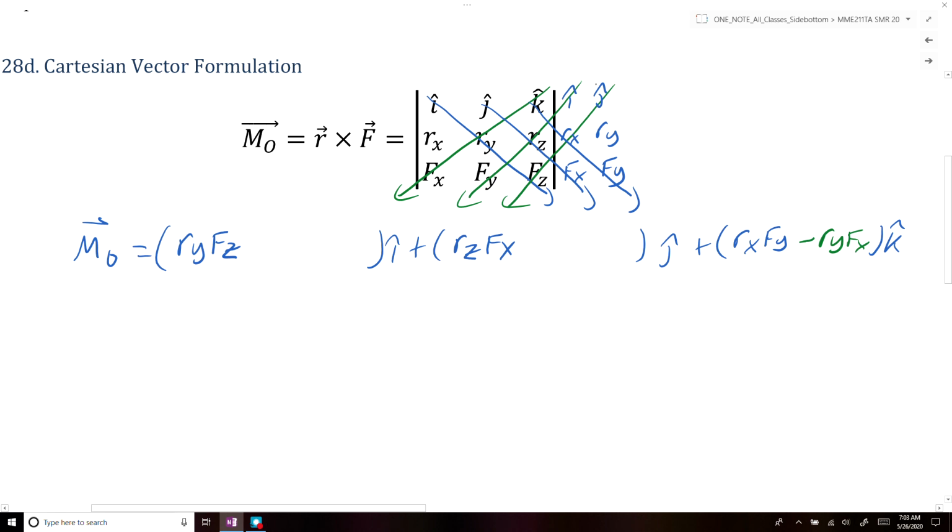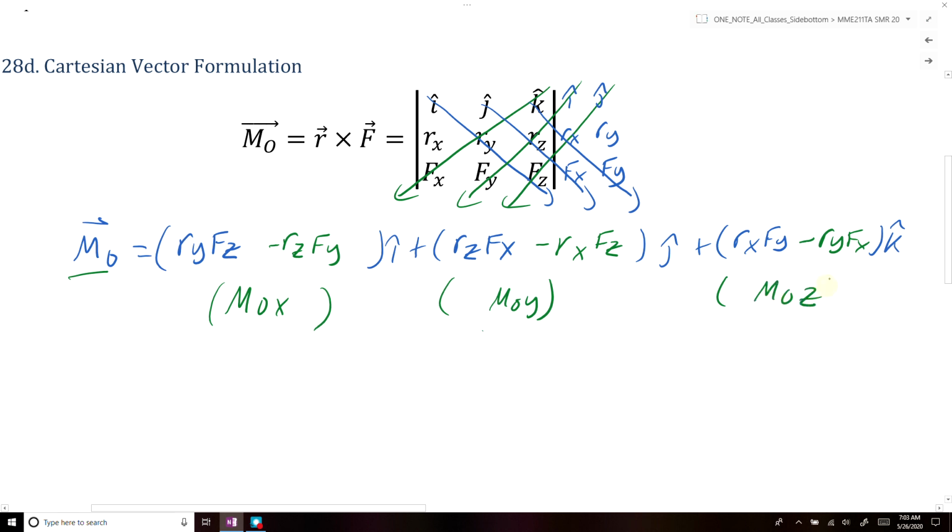For the unit vector i, we get rz minus fy, and for the last one we get minus rx times fz times the unit vector j. So the moment about point O will have its x component, its y component, and its z component. This would be our moment about the x-axis, moment about the y-axis, and moment about the z-axis.